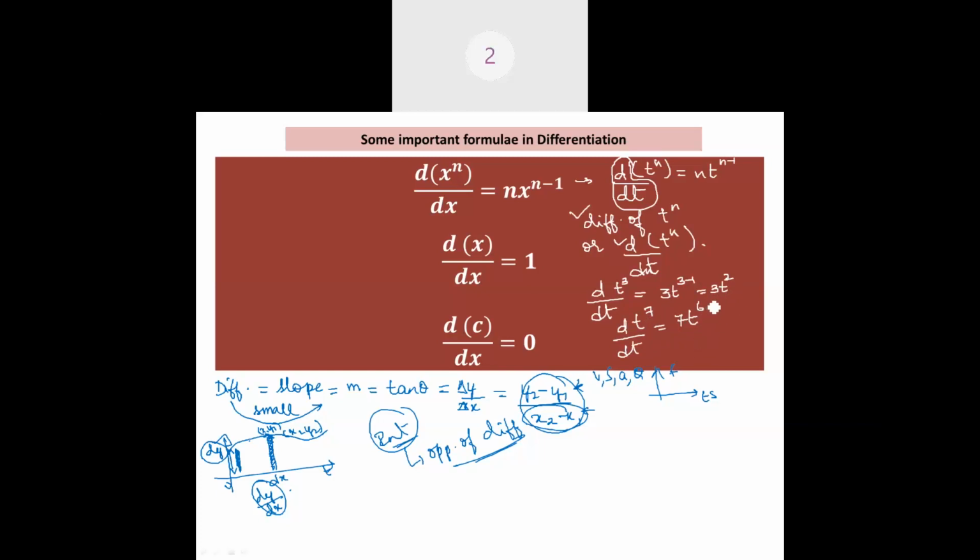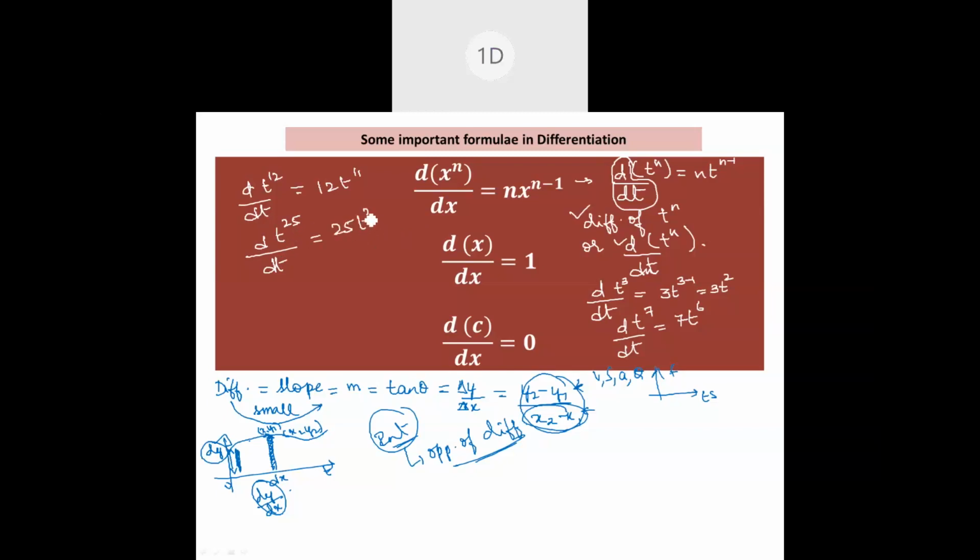Sarthak, Saurish and Kirtana, you guys, I want you only to answer. T power 12: 12 t power 11. You will answer this one fast. 25 t power 24.